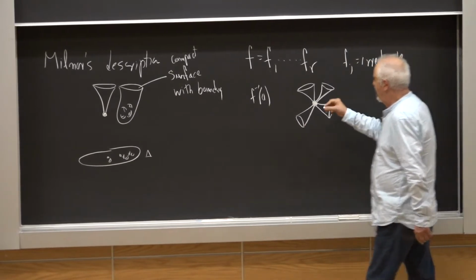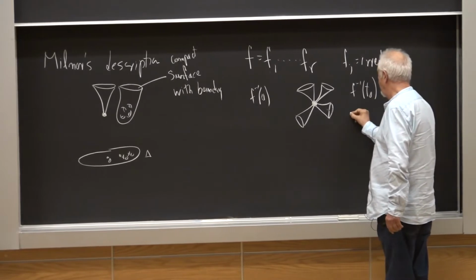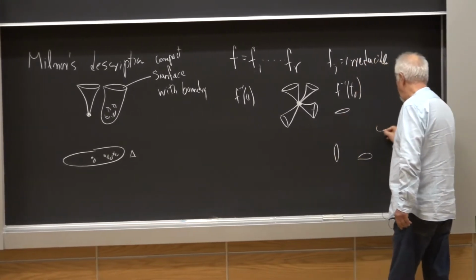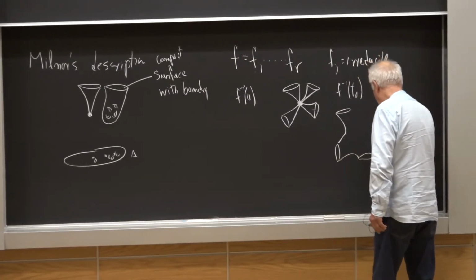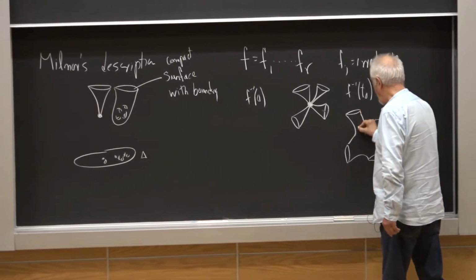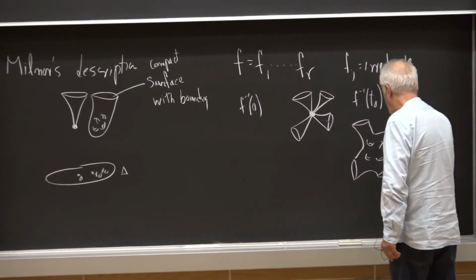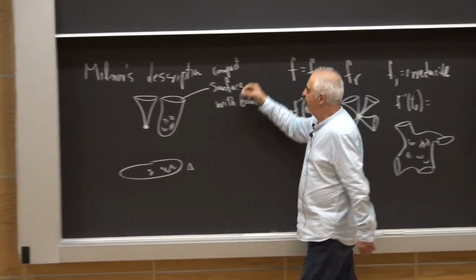And so this f^-1(t0) is going to look something like this. We have several boundary components, and then we have the genus appearing here. So this will be a compact surface with connected boundary components.